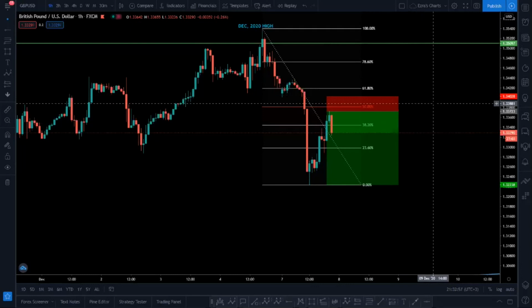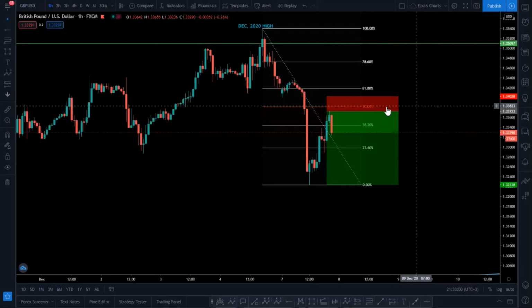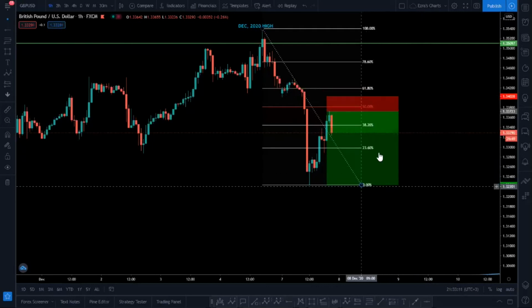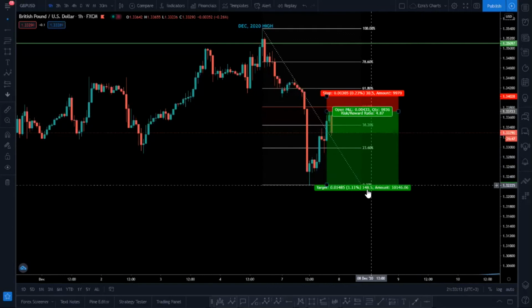If I'm trading on a 0.02, then I lost basically how much here? $6, 6 point something. If I made the sell all the way down here for 148 pips, do the math.